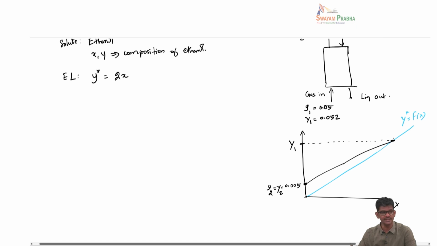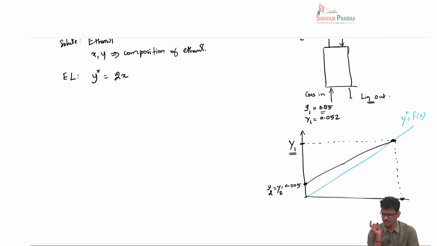Okay, this is a straight line, so that this is a touching point. Corresponding to Y1, the operating line should touch the equilibrium line, so that the outgoing liquid will be at equilibrium with the incoming gas. Okay, and this will tell us what is the equilibrium composition corresponding to the minimum liquid flow rate. But we don't want that.